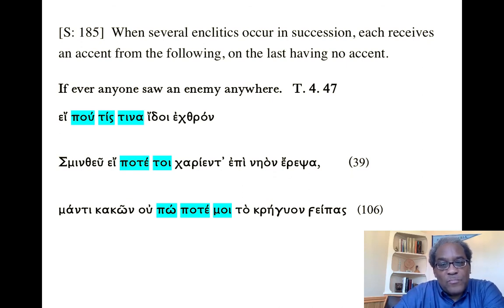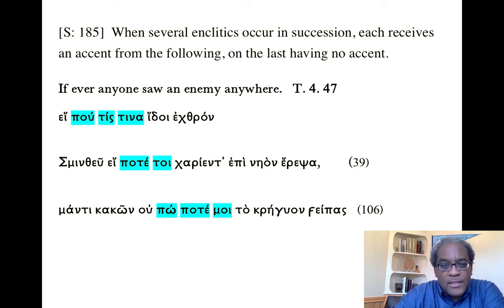And so we've seen this in lines 39 and 106 of the Iliad, Book 1: ei pote toi. Again, ei is a proclitic, so it gets an accent from pote, and then pote gets its accent from toi, and toi doesn't have an accent. And then 106, mantikakon, oupo pote moi to krehyuon eipes.